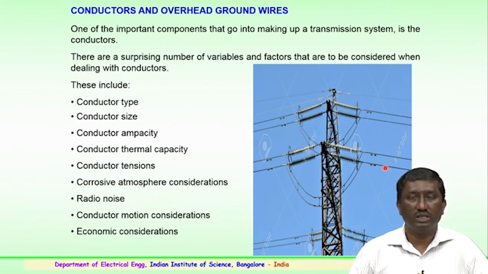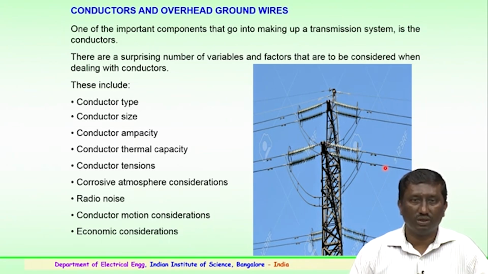Then conductor tensions, the conductor should be able to operate in the tension or compression mode. Then corrosive atmospheric considerations: the conductors are overhead in nature, almost exposed to the environment. So, different climatic conditions cause the conductors to become corroded. So, this corrosive nature of the conductors has to be kept in mind.